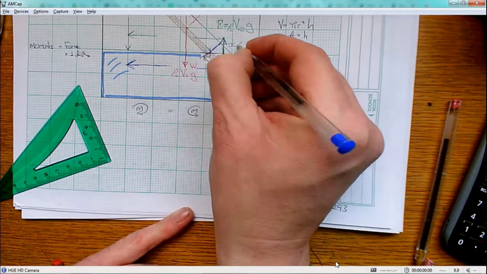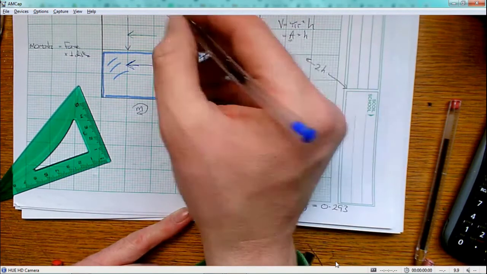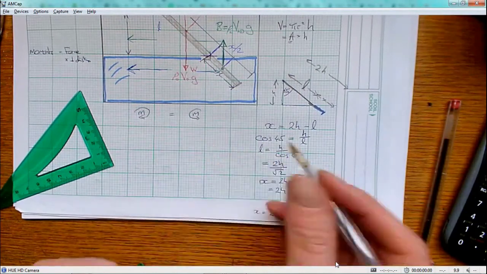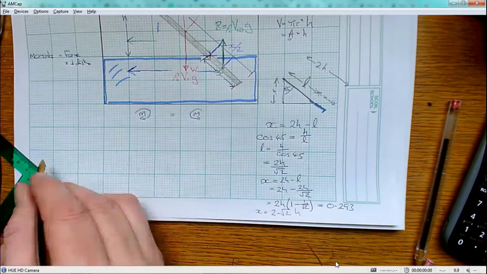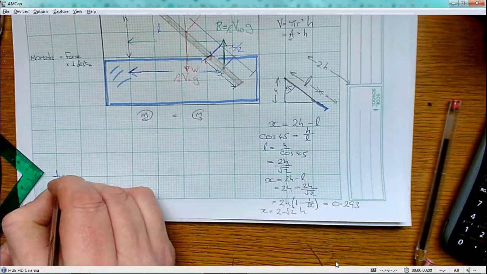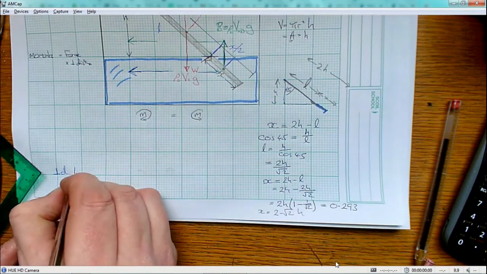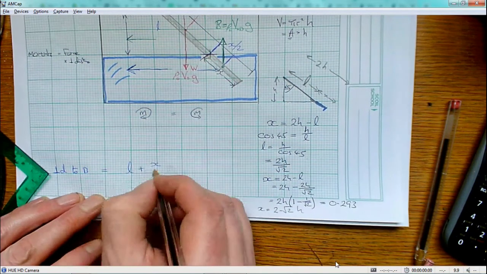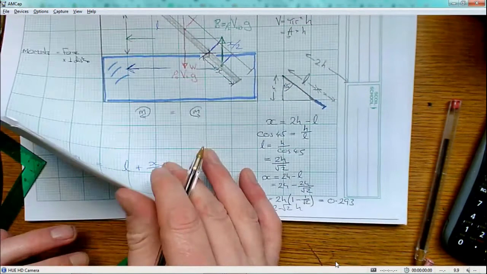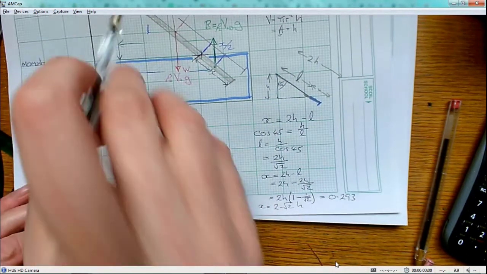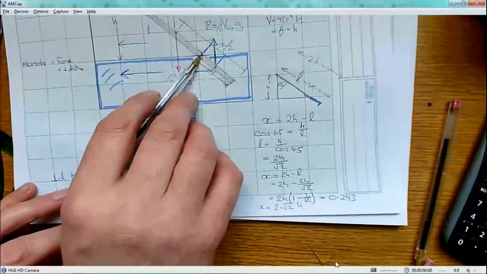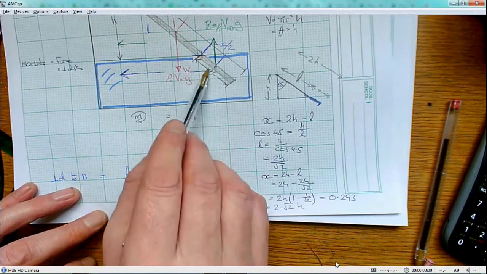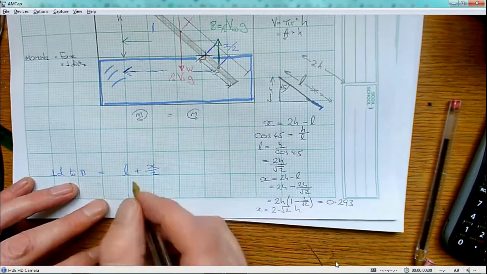So this here is x over 2, and this here is what we just said was L. So now I'm going to say the perpendicular distance to the buoyancy is equal to L plus x over 2. So L being this distance that the rod was above the water, and x being the distance submerged in the water, but I don't need all that, I just need this x over 2.